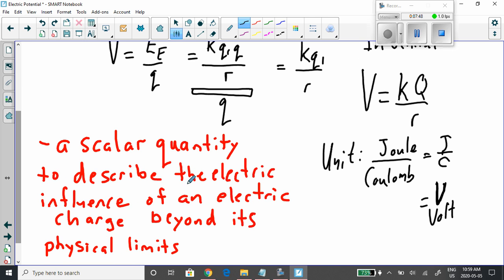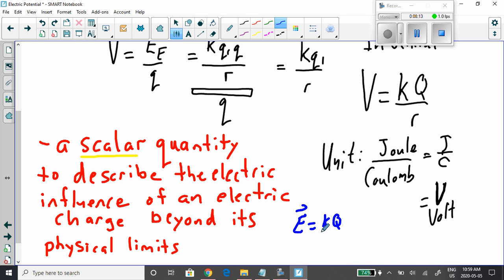And now, why would we want to introduce this new quantity? Well, let me try to explain it with this sentence. First of all, voltage is a scalar quantity that is used to describe the electric influence of an electric charge beyond its physical limits. Sound familiar? Remember electric field?